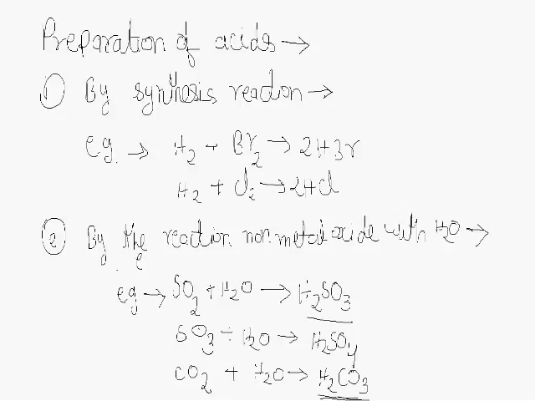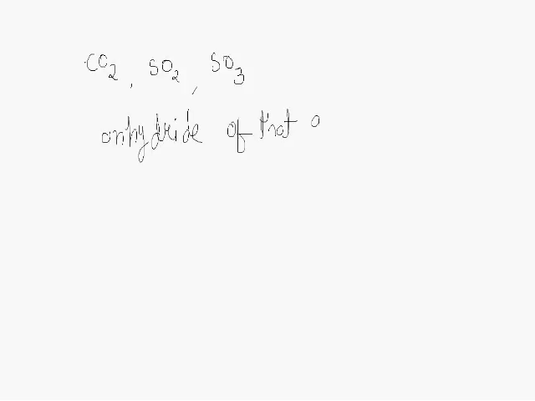The most important thing is that non-metal oxides like CO2, SO2, SO3 are also called anhydrides of that acid.